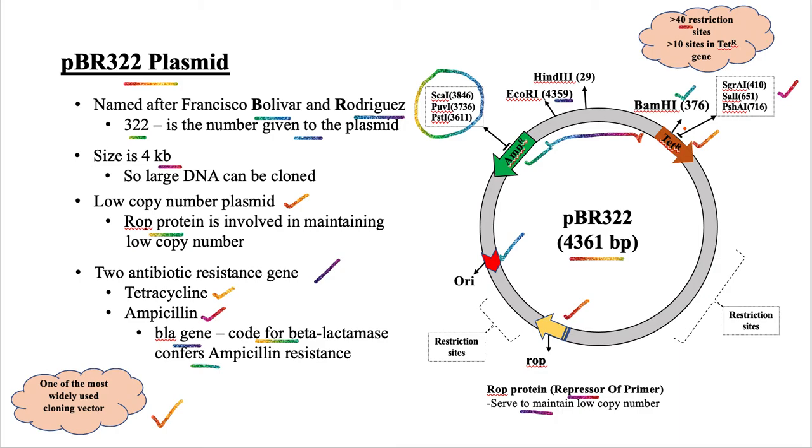They will become sensitive to tetracycline, and they will not grow in culture media. That gives us flexibility that we can use either antibiotic resistance gene for selection, to distinguish between those cells that have been transformed and those that have not. I will talk about that in a few moments.